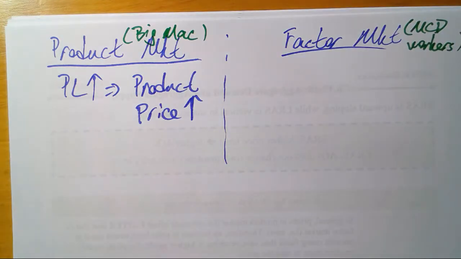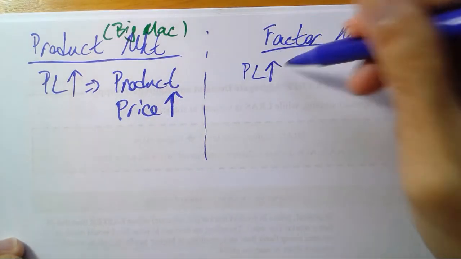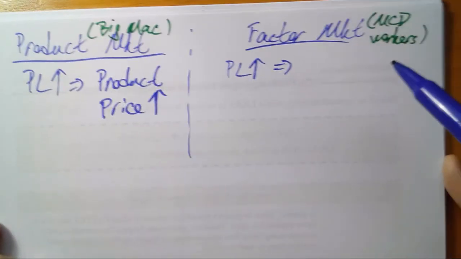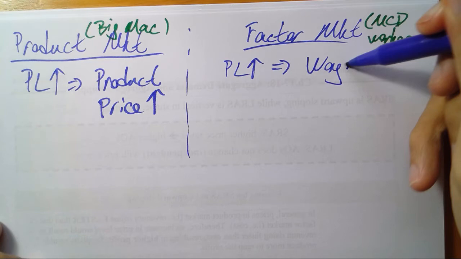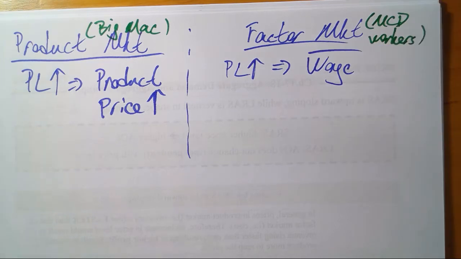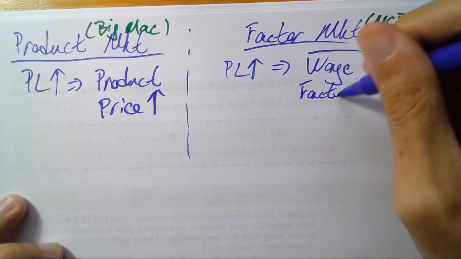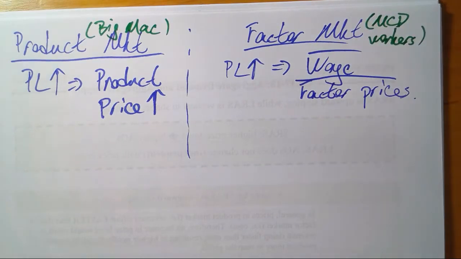Now this is on one hand, but usually even if price level increases, what happens to their wage? Wage usually becomes unchanged. Okay, now in fact, not just wage, but factor price usually remains unchanged.